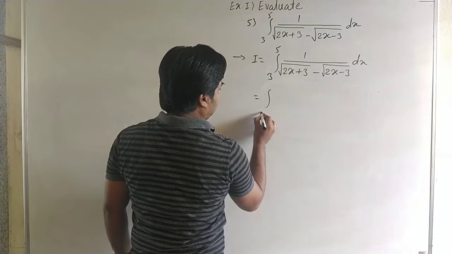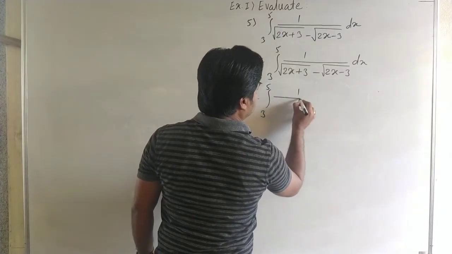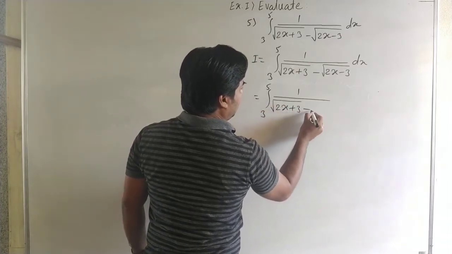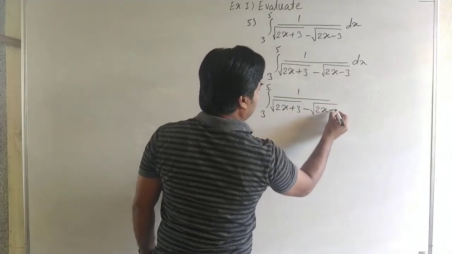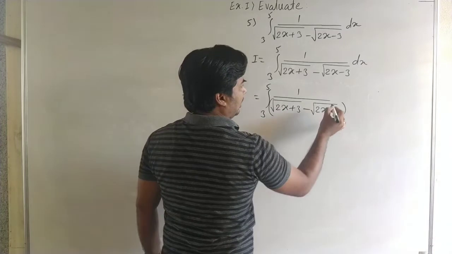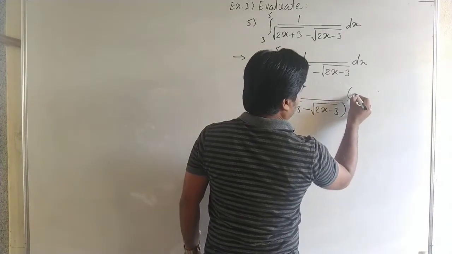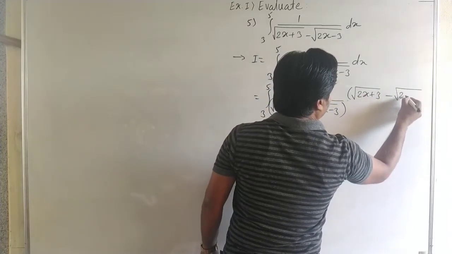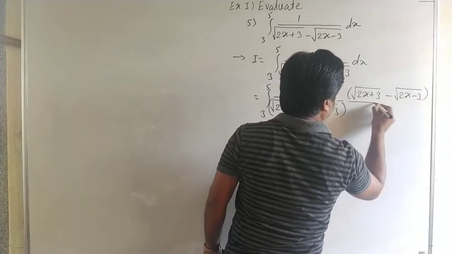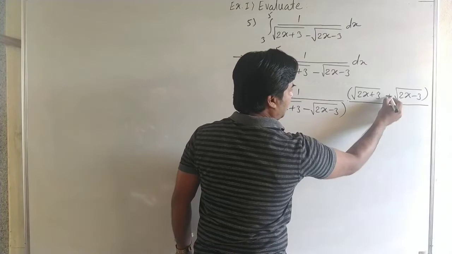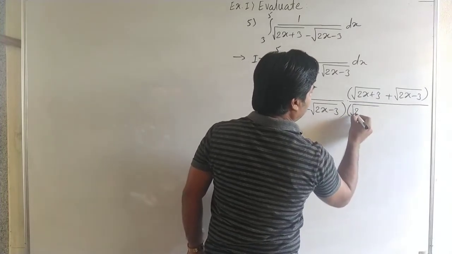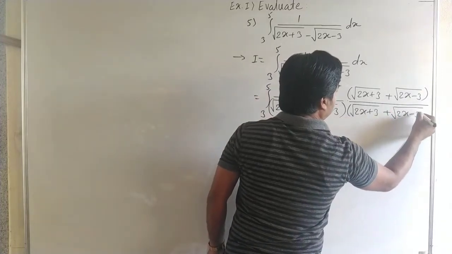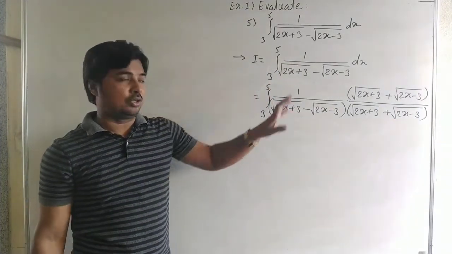Now integral 3 to 5, 1 upon under root 2x plus 3 minus under root 2x minus 3, into under root of 2x plus 3 plus under root of 2x minus 3 upon the same. Sorry, here it is minus, so you write plus for the rationalization. Now we take the calculation.